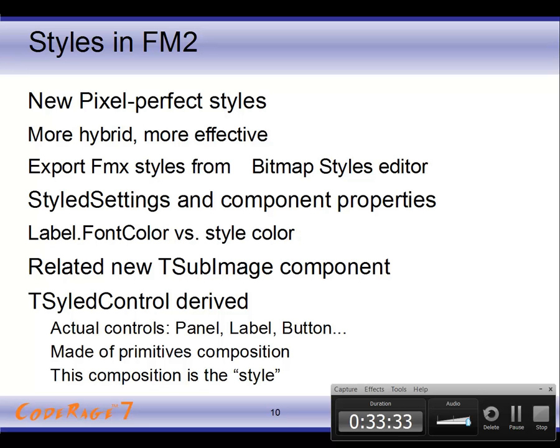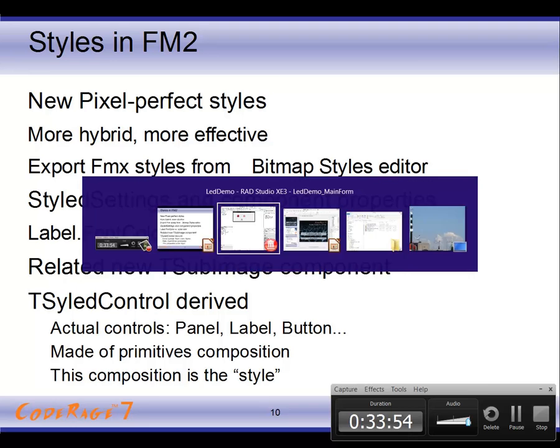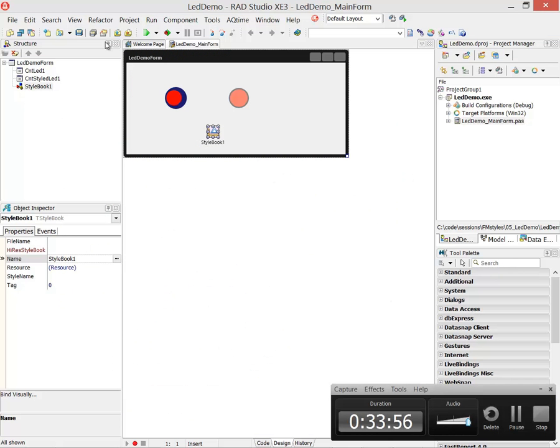At that point, you can load the new style. And the style is going to use the TSubImage component heavily, because this is the component that will let you grab a portion of a very large image and use it for painting an individual element.